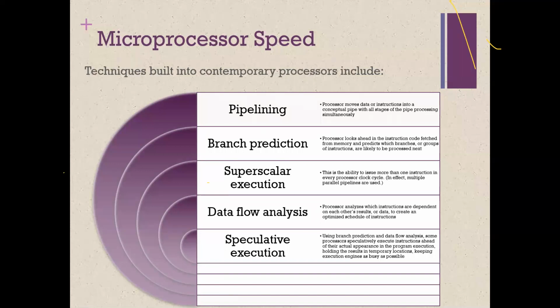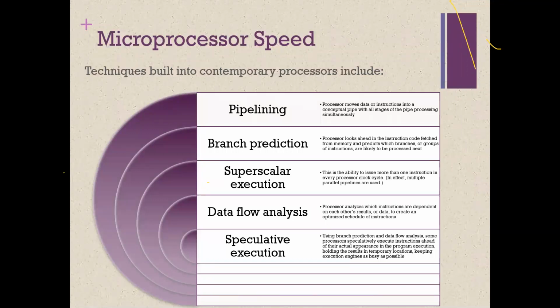So pipelining basically enables the processor to work simultaneously on multiple instructions by performing different phases of each of these instructions at the same time.